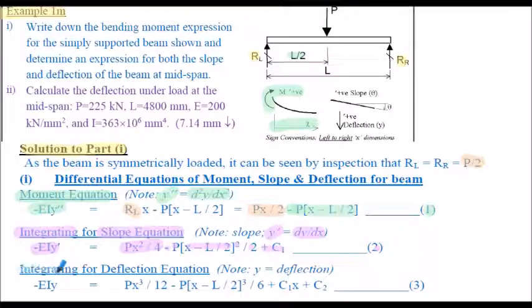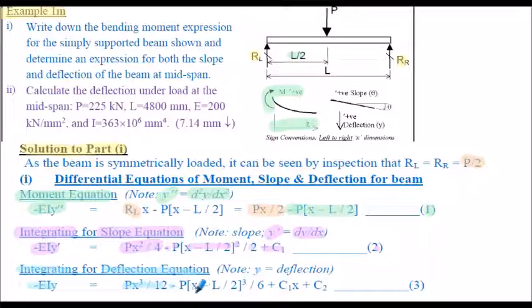And integrating again, I find a deflection equation. And we denote deflection by y in this set of notes. So negative EIy is now equal to, again integrating standard form, Px squared upon 4 integrated with respect to x becomes Px cubed upon 12. I'm subtracting from that and integrating the x minus L upon 2 all squared divided by 2.